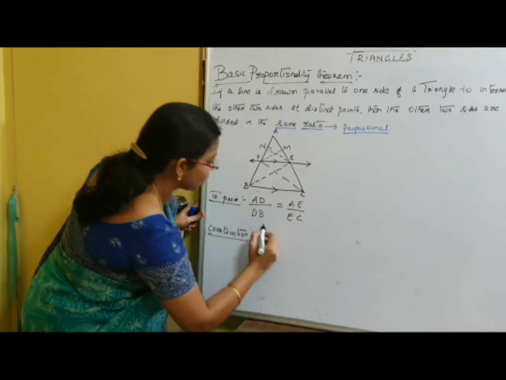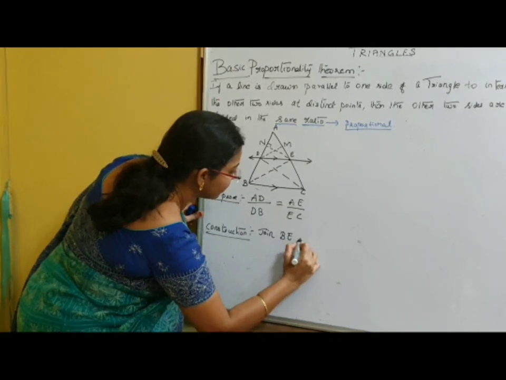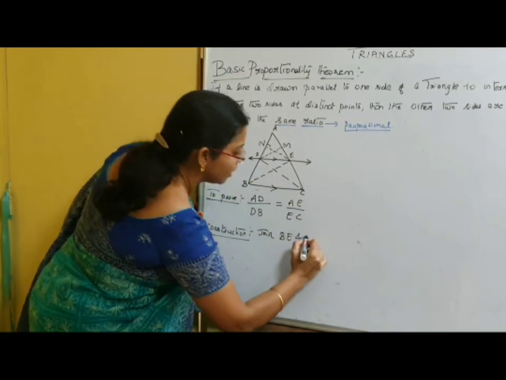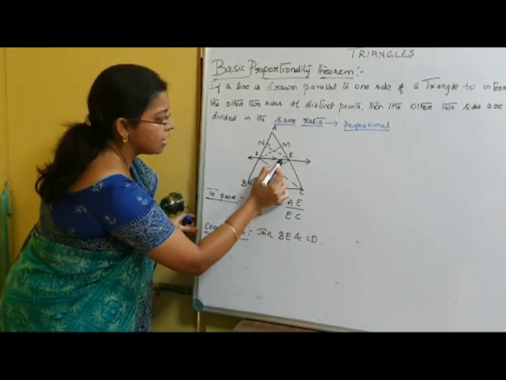So we write the construction: join BE and CD.